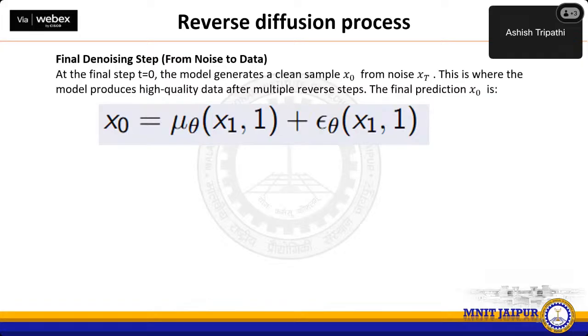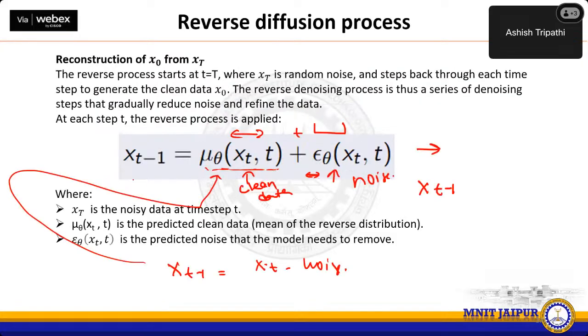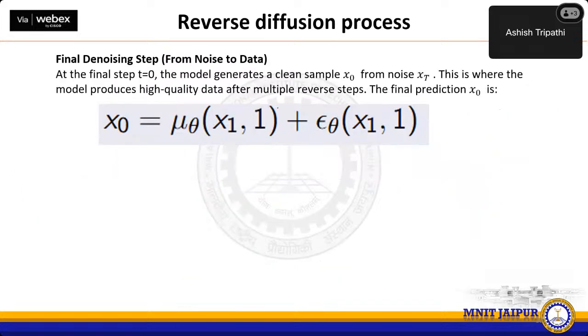And naturally, if we keep on decreasing it, this is x of t minus 1, and by getting x of t minus 1, we will get x of t minus 2. X of t minus 2 is equal to mu of theta x of t minus 1 comma t minus 1 plus e theta of x of t minus 1 comma t. And by doing so, we'll keep on reducing it. And if we come in the backward direction, ultimately at the final step, that is t equal to 0, the model will be able to generate x of naught.